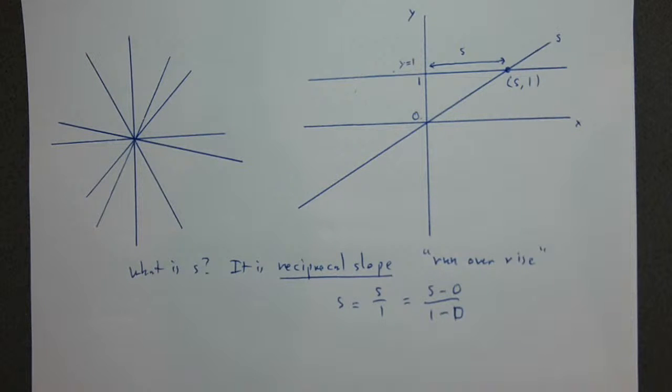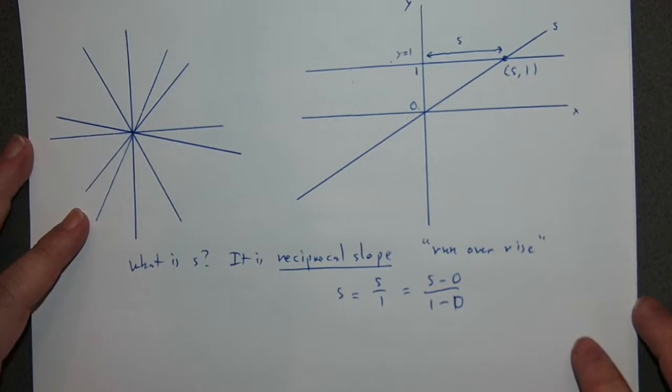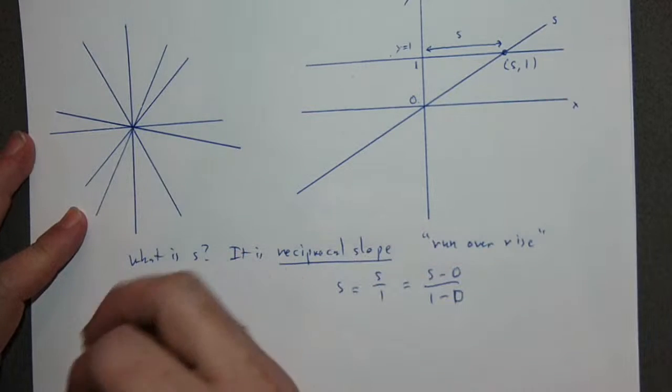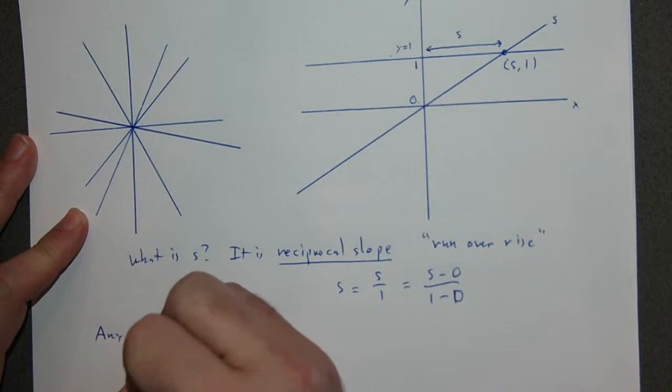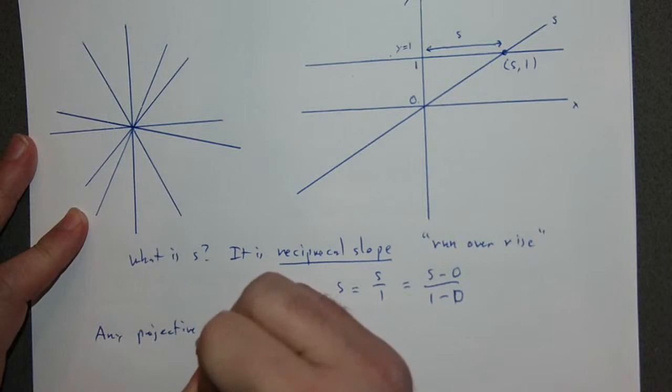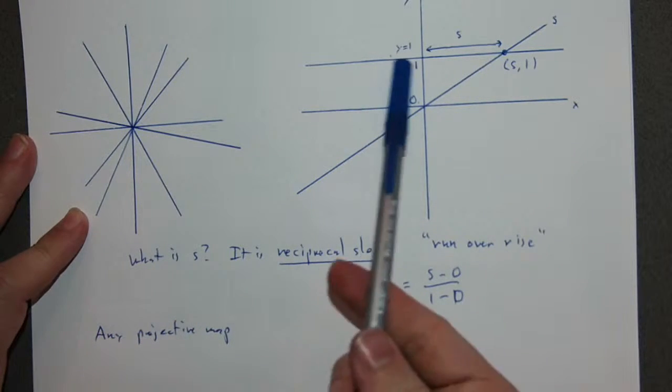All right. Now, consider any projective map of the ordinary line y equals 1.